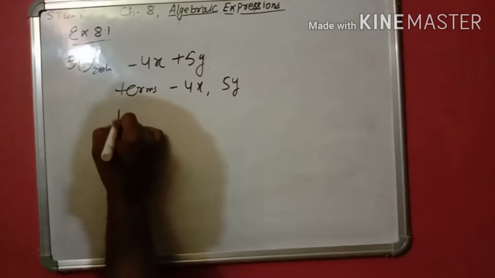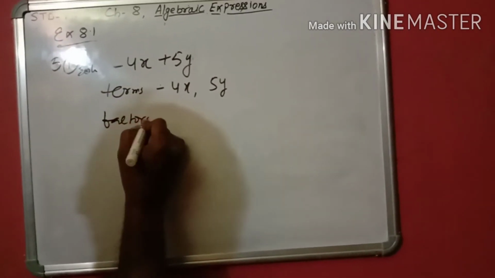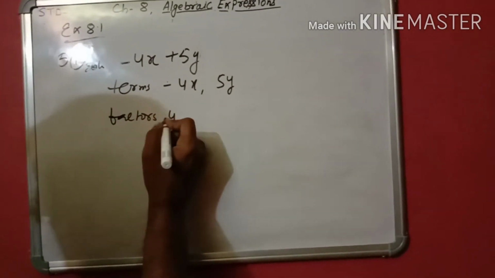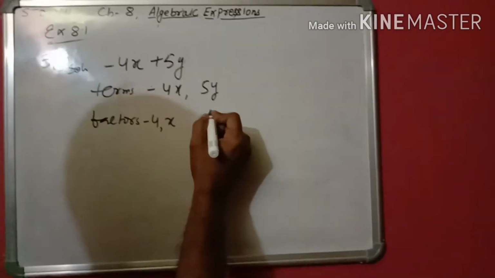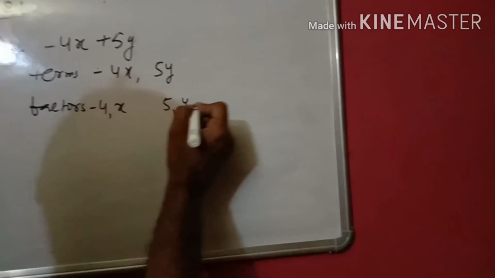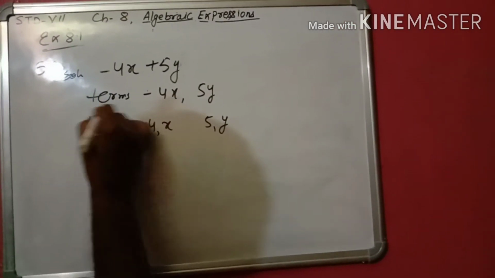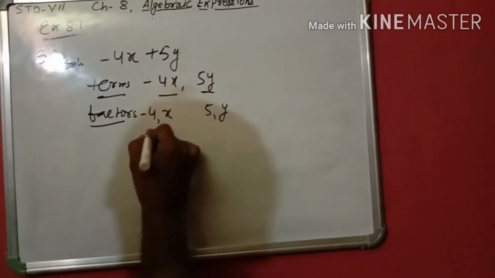Now the factors are minus 4 and x, and here 5 and y. These are the factors, these are the terms. Write down please.